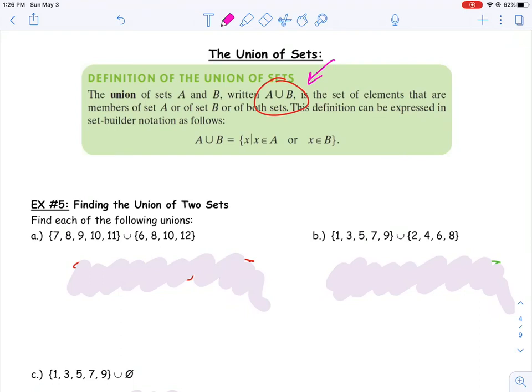I remember this as kind of like the union of marriage. When you have stuff and they have stuff and you get married, don't you bring all your stuff together? And so the union means you're going to put everybody in A and every element in B all together. Another word we interchange with union is the word or. Who's in A or in B would be their union.